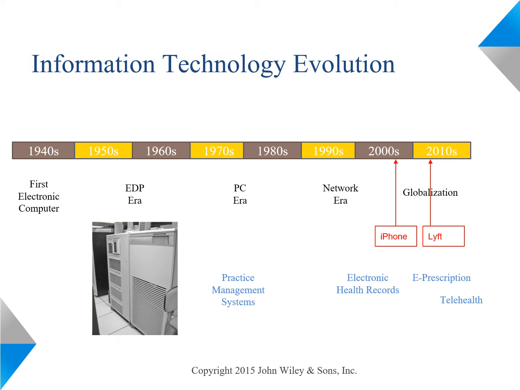This is when all the personal computers could be connected and become a network and talk to each other, and eventually, of course, this evolved into also the internet. And in the late 1990s, early 2000s, that's when the electronic health record system came about that went beyond the administrative tasks within healthcare, looking at the information that is needed for patient care.